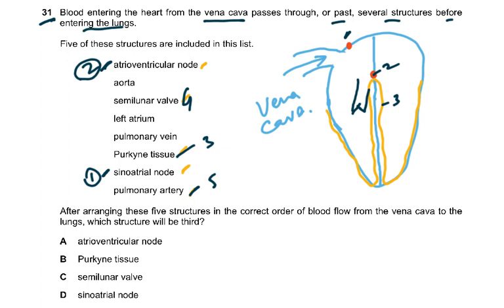Blood passes through or past several structures before entering the lungs. And then it says, after arranging these 5 structures in the correct order, blood flow from the vena cava to the lungs, which structure will be third? Purkinje tissue.